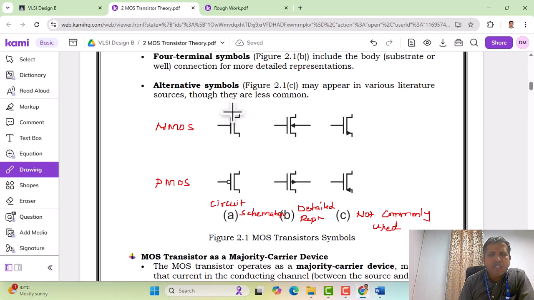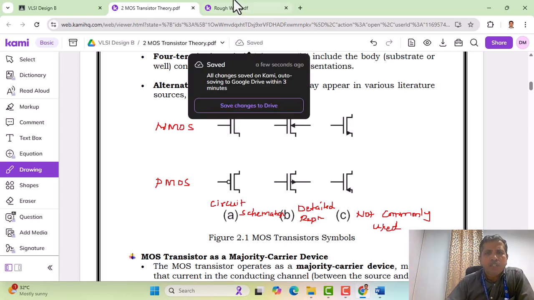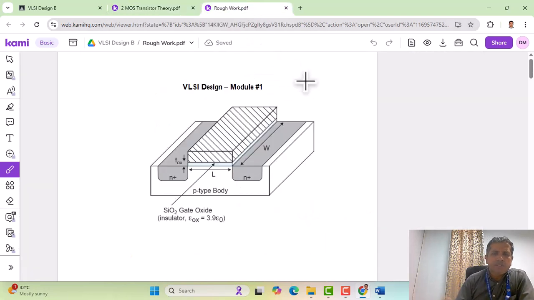In order to understand how we arrived at this particular symbol, let us see the structure of a transistor. The physical structure of a transistor is as follows. This is the NMOS transistor, wherein there is a p-type body, which is the foundation for this NMOS transistor, and there are diffused structures which you can see here, N plus regions.